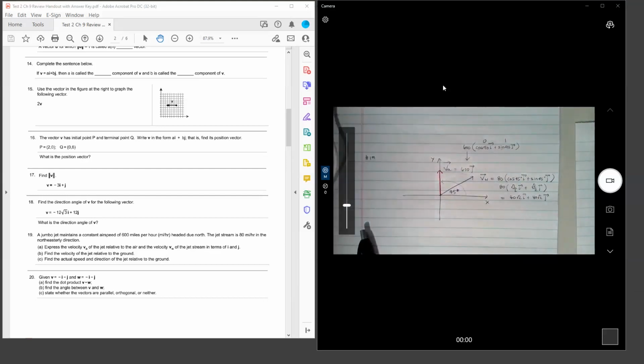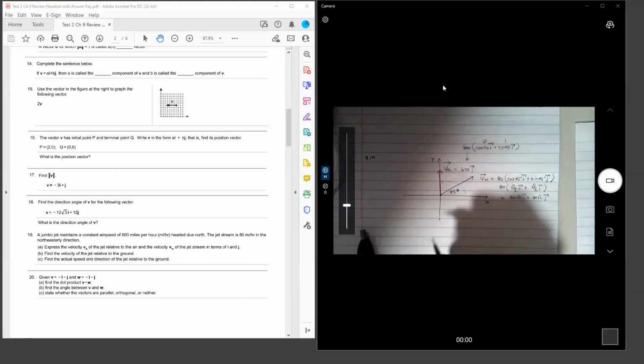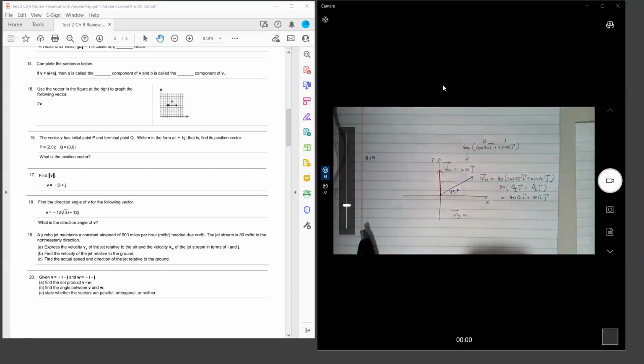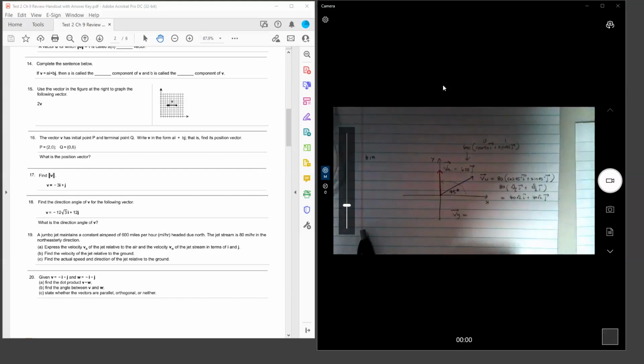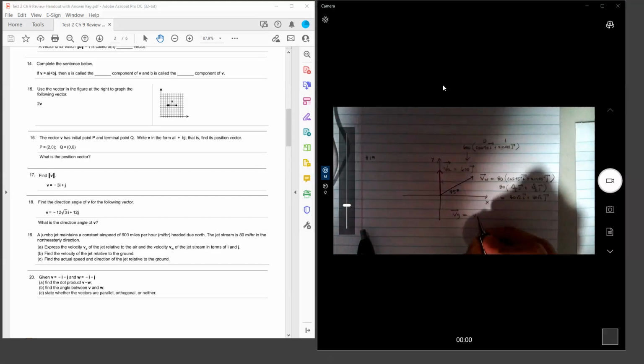So they want us to find the vector that represents the jet relative to the ground. In order to do that, the vector that represents the velocity of the jet relative to the ground is the resultant vector. What is that? It is the sum of these two vectors. So we need to add these two vectors together.